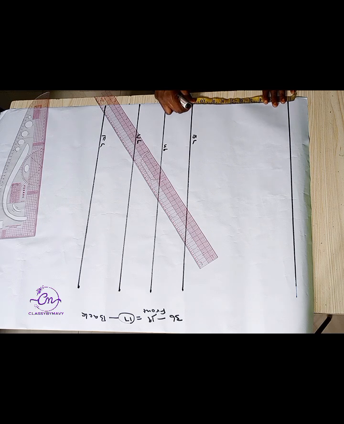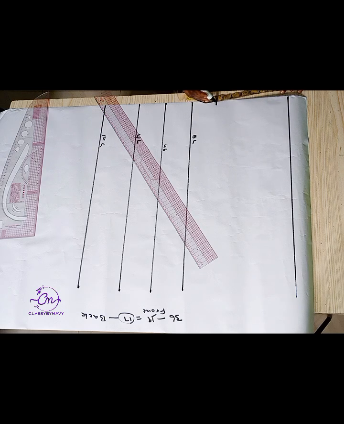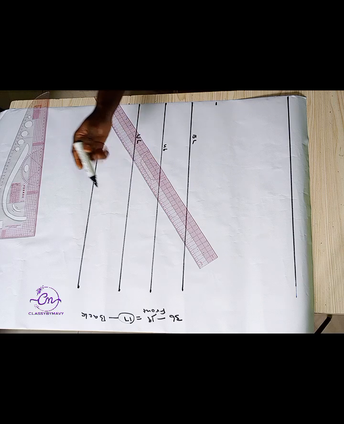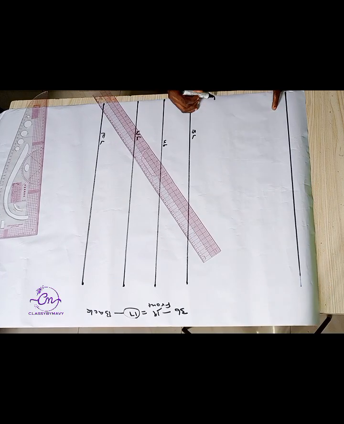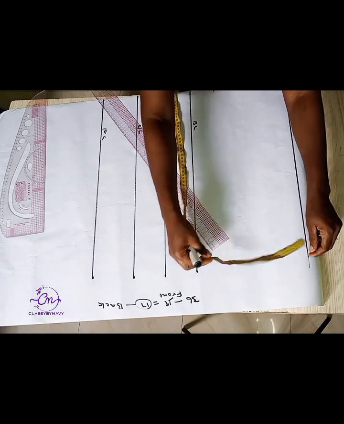So for me that measurement is 8.5. That is 36 divided by 6 is 6, plus 1.5 is 7.5. Now plus 1 inch shoulder slope makes it 8.5. Okay, so that's how to derive your chest line.